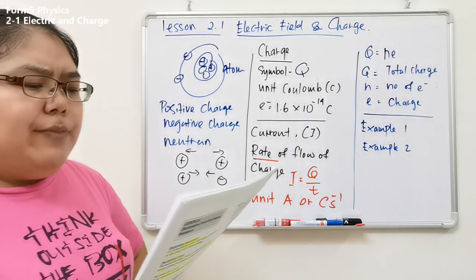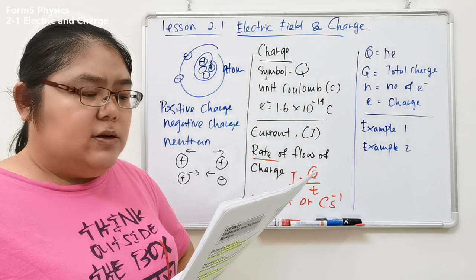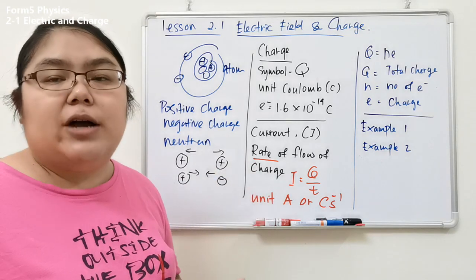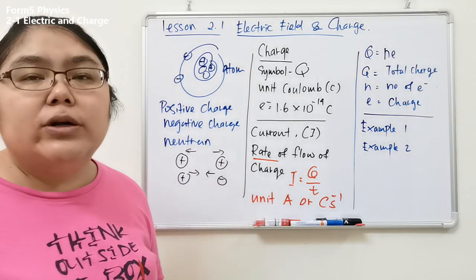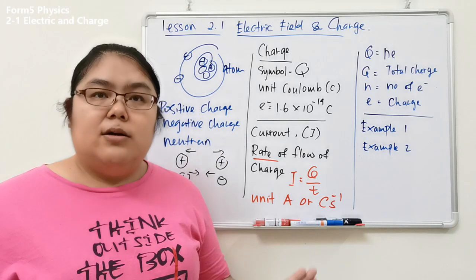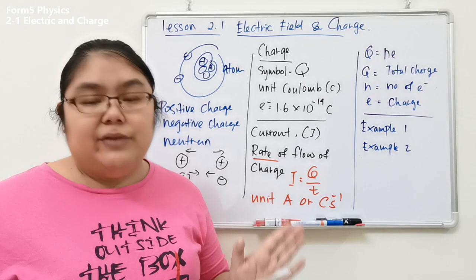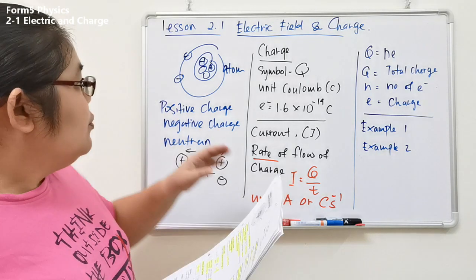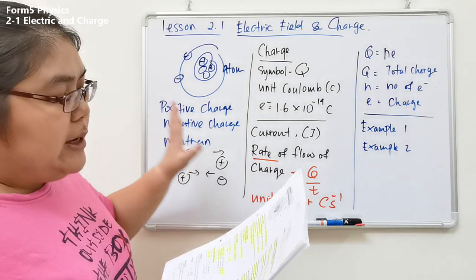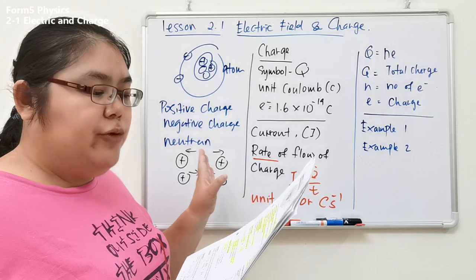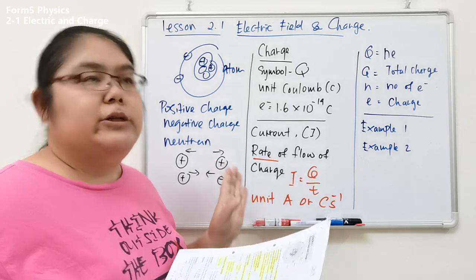An object becomes negatively charged when it gains excess electrons. How come we call it negative charge? Because the atom gains more negative charge than proton, so we call it a negatively charged atom. Number 2, positive charge: when the object has electrons removed, the object becomes positively charged.